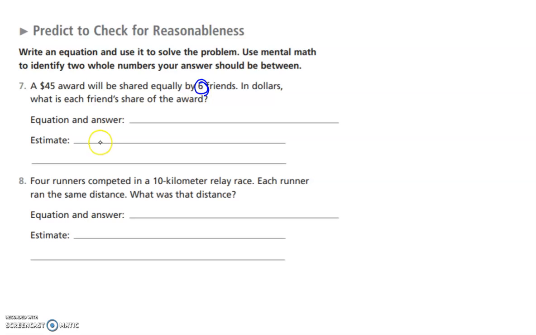Well, if I were to skip count by 6s, if each of us were to get $7 each, that means that we used up 42 of those dollars. If each of us were to get $8 each, that means that we would have split up $48. So that tells me that my answer is going to be somewhere between 7 and 8. So that's going to be my prediction.